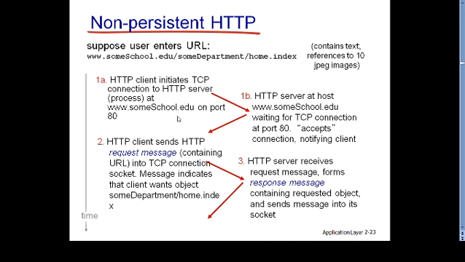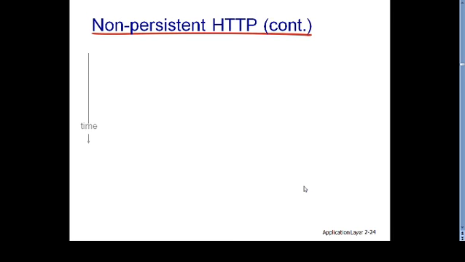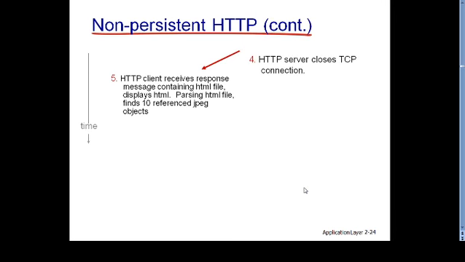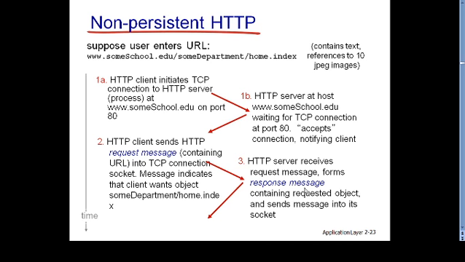In the same way, once we are done with the TCP connection, which is created with the help of three-way handshaking between client and server, then this HTTP client sends an HTTP request message to the server, and the HTTP server will send a response message to its client, as you can see.